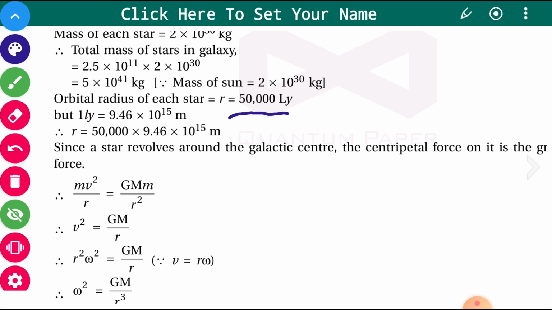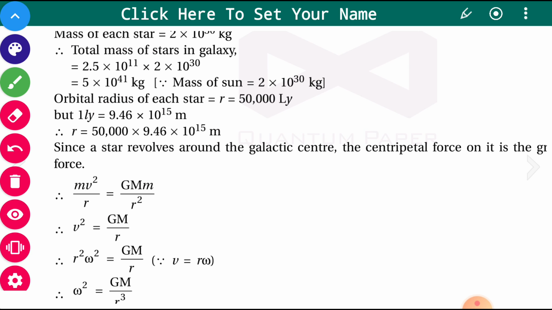A light year is known to us: 1 light year is 9.46 into 10 to the power 15 meters. So that radius in meters will be 50,000 into 9.46 into 10 to the power 15 meter.